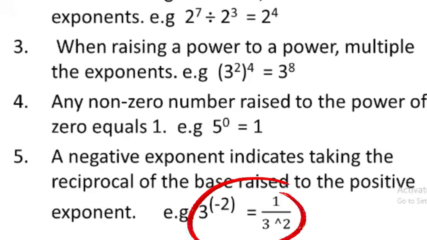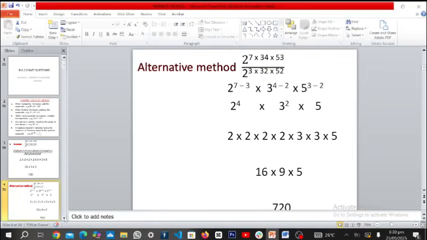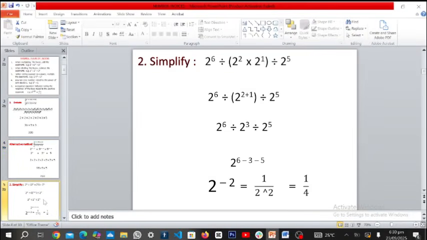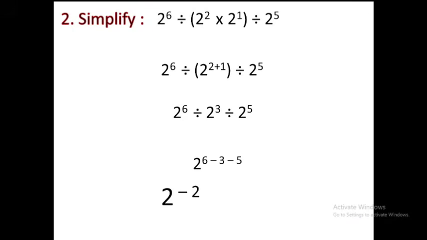So let's go back to our question. Here we can see 2 exponent -2. So what would that be?